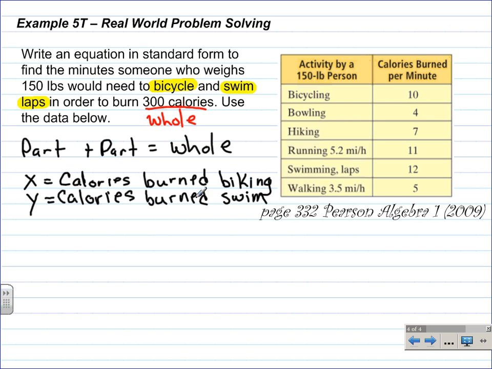We'll just put swim there. I ran out of room. So our two variables are x being the calories burned biking and y being the calories burned swimming.